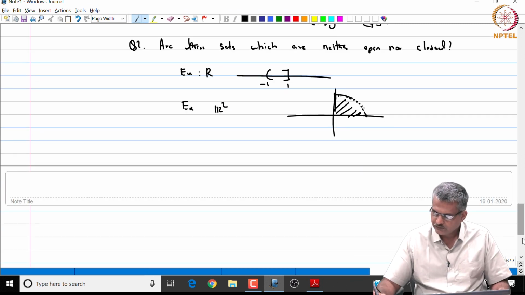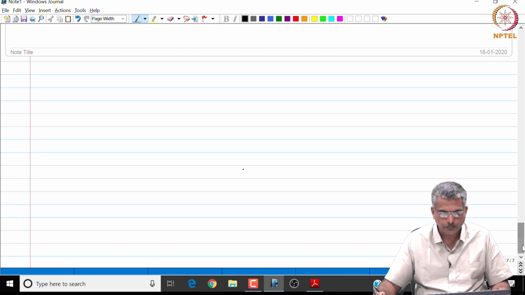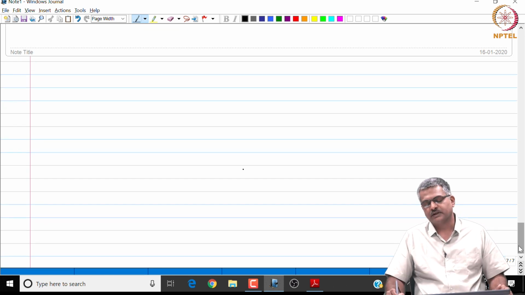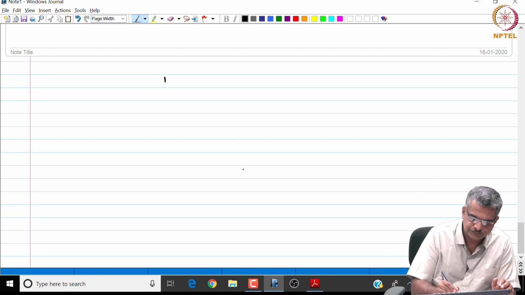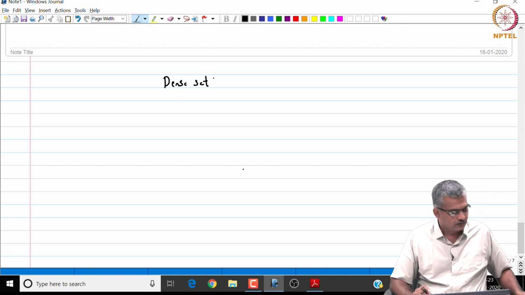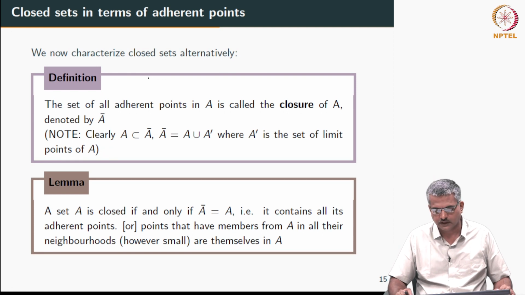So, we have seen now the notion of open set, closed set, compact set, bounded set. There is another notion called the notion of dense set. This is motivated by a well known result in analysis which says that the rationals are dense in real numbers.